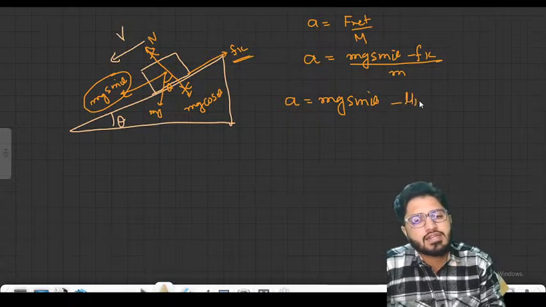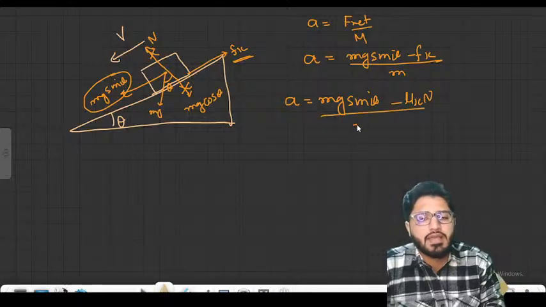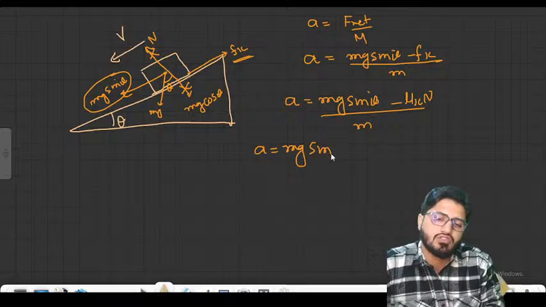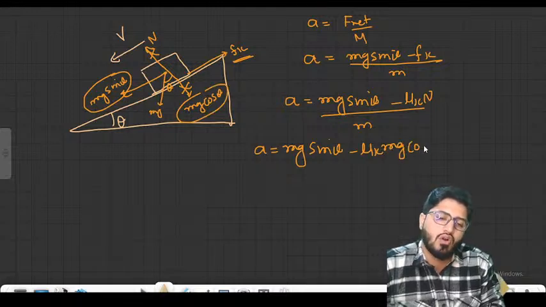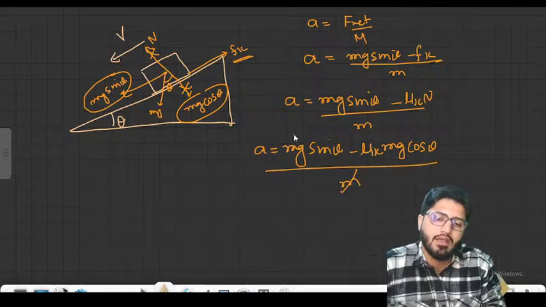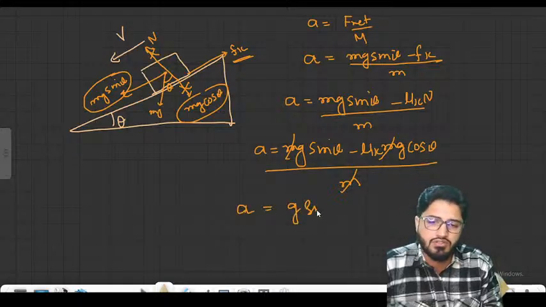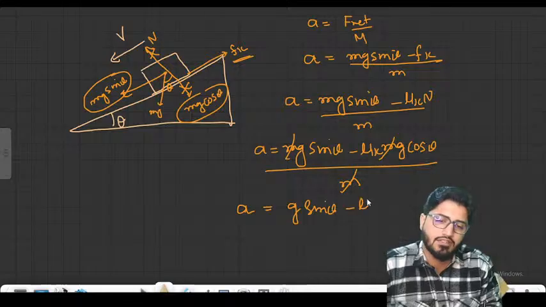It is mu k times N. N is mg cos theta. The m cancels out, so acceleration is g sin theta minus mu k g cos theta.